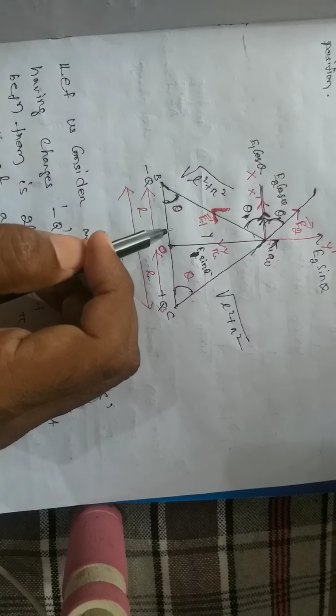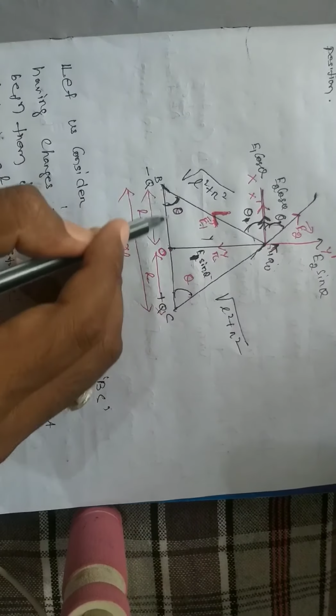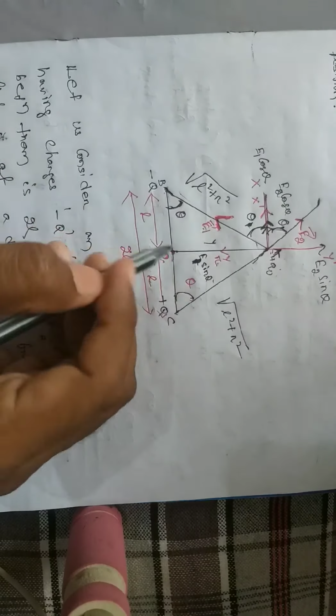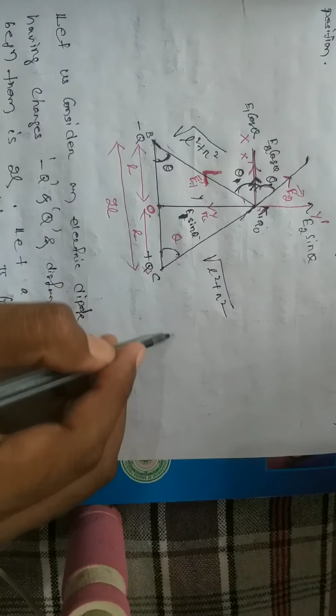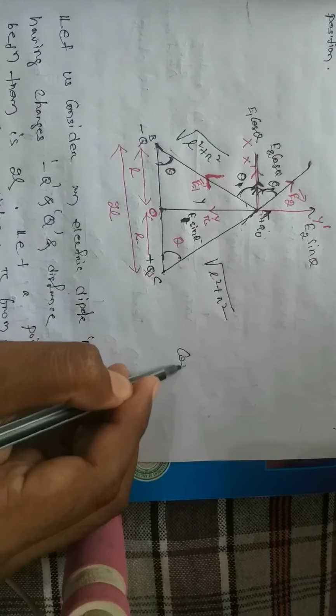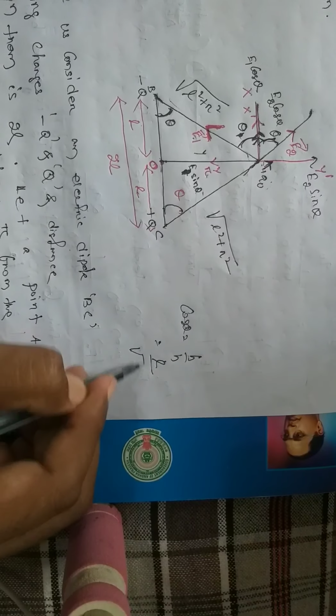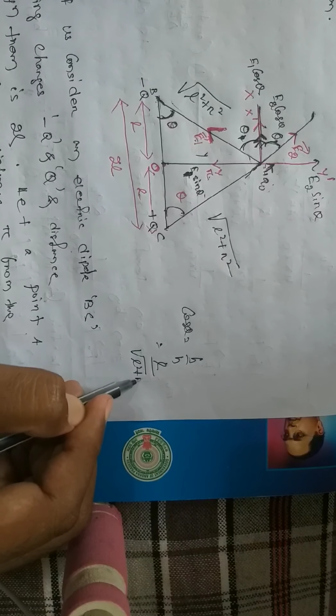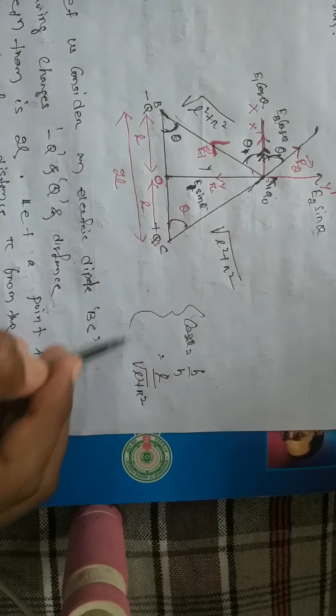So we know cos theta equals b by h, that is base by hypotenuse. So here b means what? l divided by square root of l square plus r square. Clear? That is the assumption.